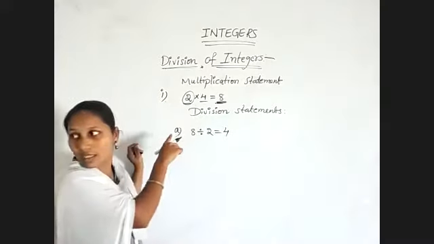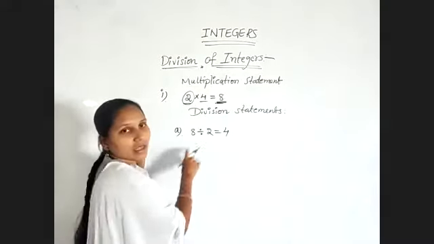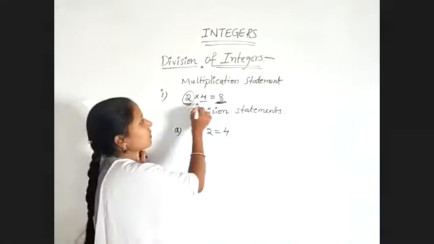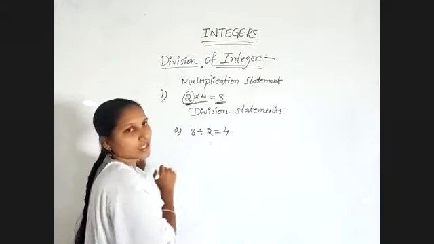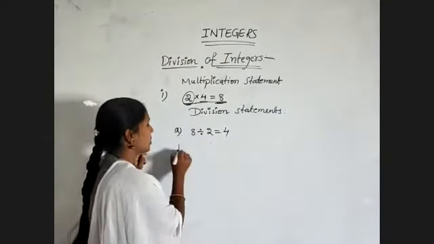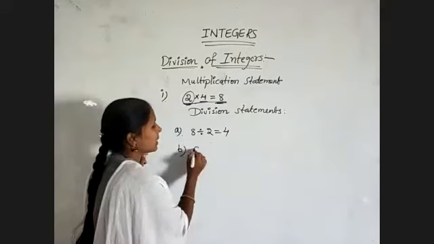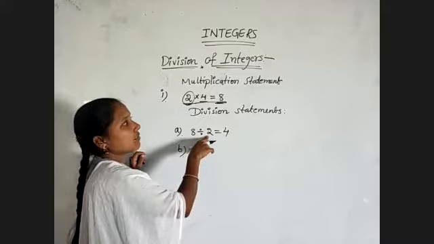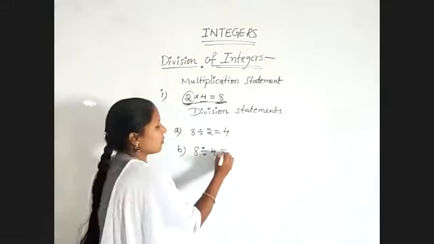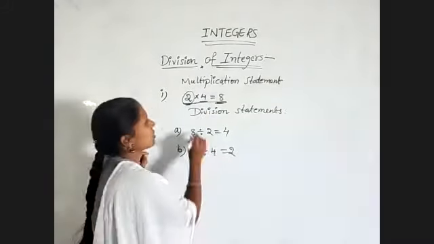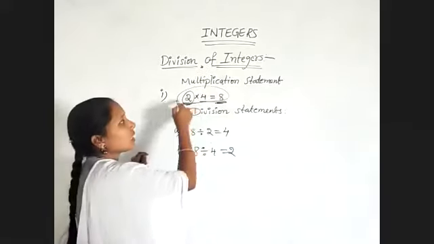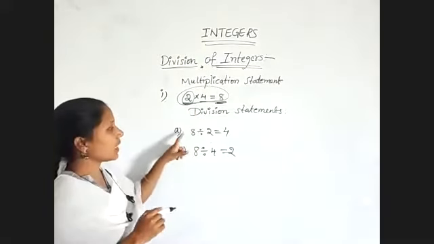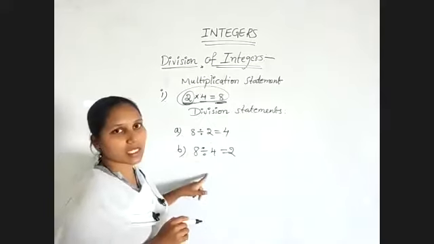That gives one of the division statements. Now coming to the next one, take the result first and divide with 4, since 2 we have already used. So 8 divided by 4 is 2. Just observe, for only these numbers 2, 4, 8 we are getting two division statements.